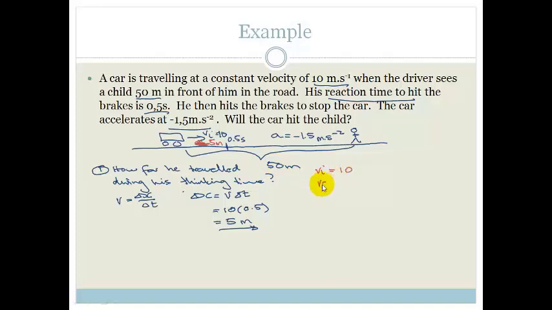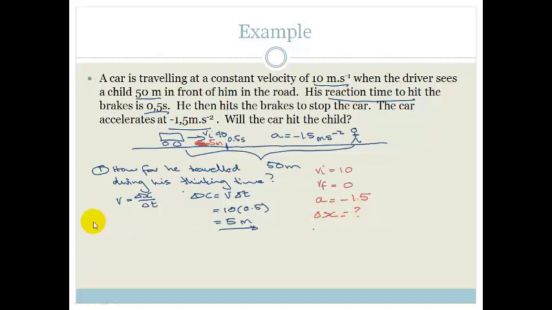His final velocity, because we want him to come to a standstill, is 0. He hits the brakes to stop the car. The acceleration is negative 1.5, okay? And we want to know his displacement. We want to know, does he stop in the right displacement?